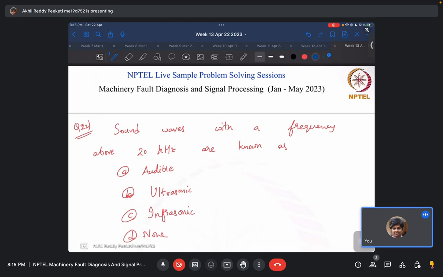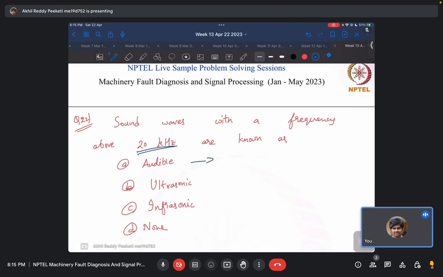Sound waves with a frequency above 20 kilohertz are known as audible, ultrasonic, or infrasonic. The audible range for humans is 20 hertz to 20 kilohertz, and ultrasonic is the range above which we cannot hear, so greater than 20 kilohertz.